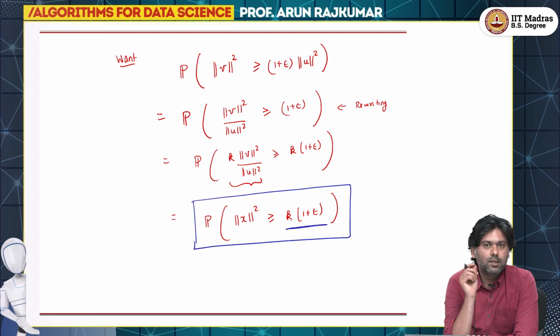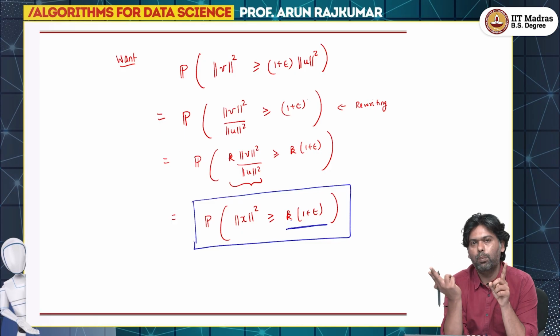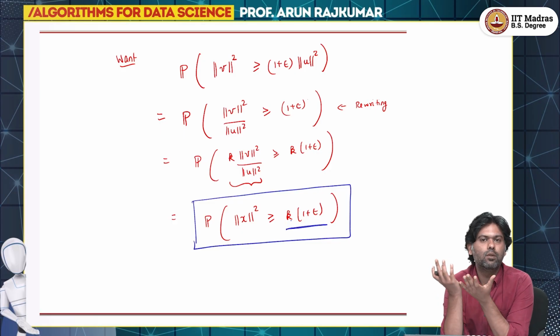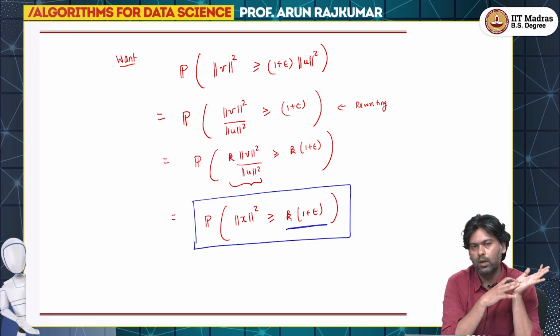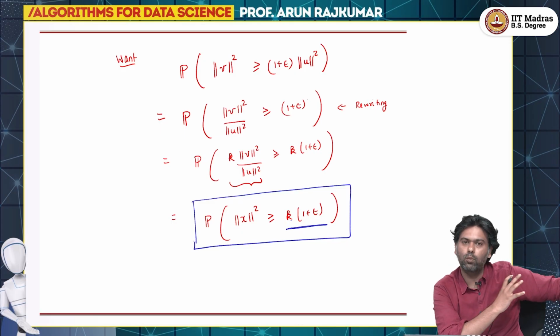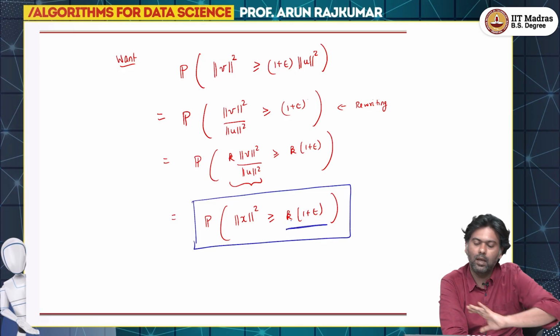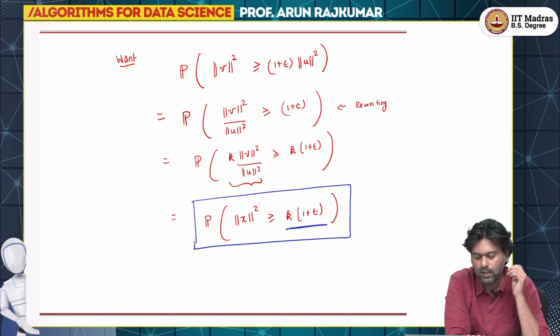This is exactly the same chance that, if I start with u and map it to v, the length of v squared is greater than or equal to 1 plus epsilon times the length of u squared. Of course, we have to study separately the chance that it is smaller than what we need. The argument is exactly equivalent to that.